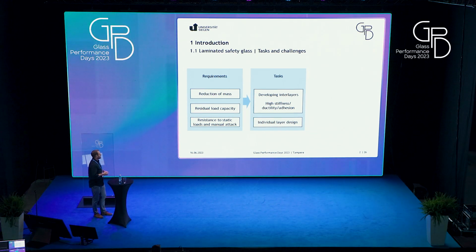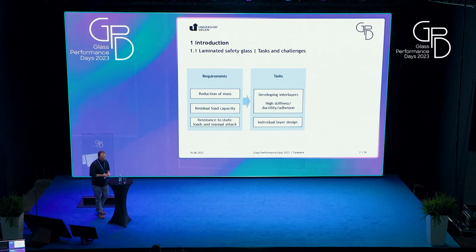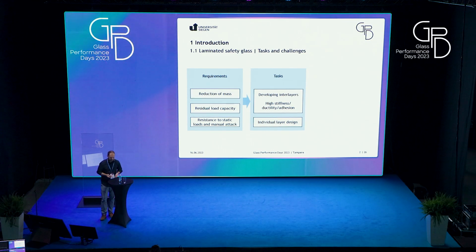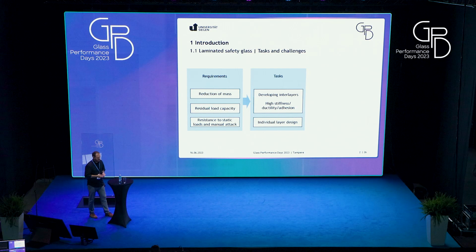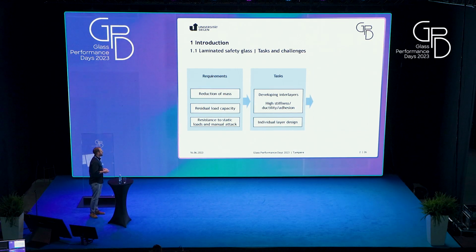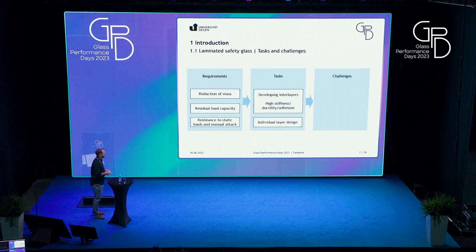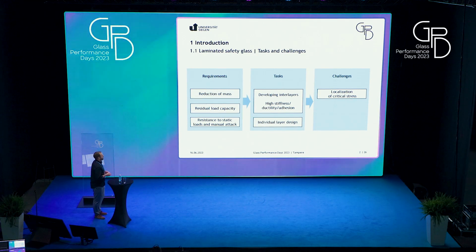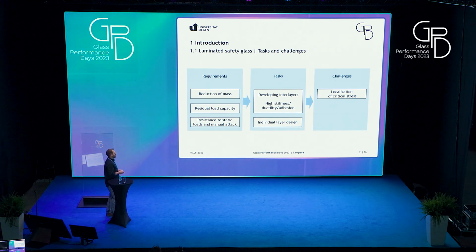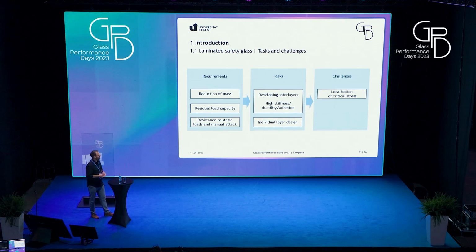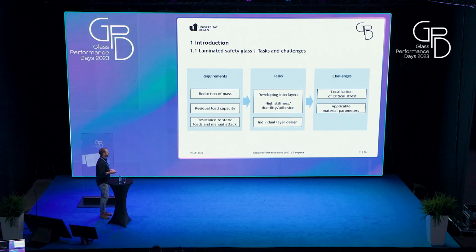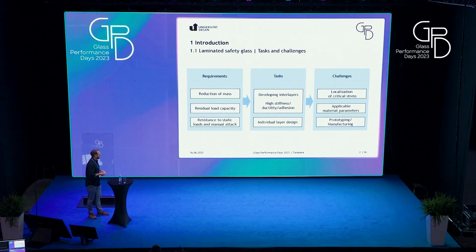We have a second topic, the individual layer design, that is designed to several special requirements. And from the tasks result the challenges. The first one is the localization of critical stress in the glass panes, an applicable material parameter or an applicable materials model, and the prototyping.